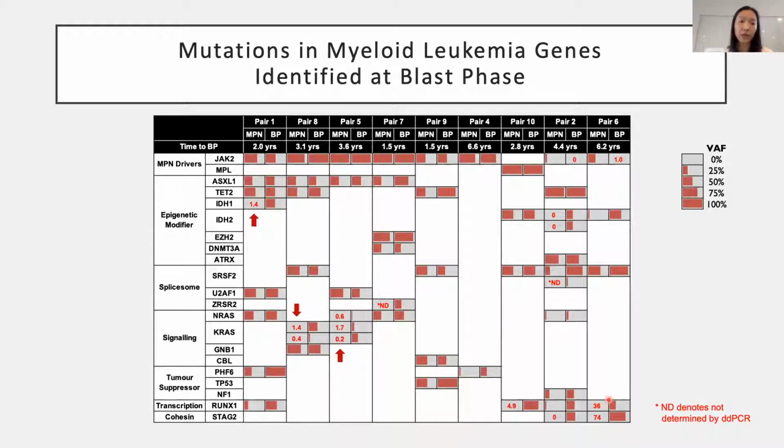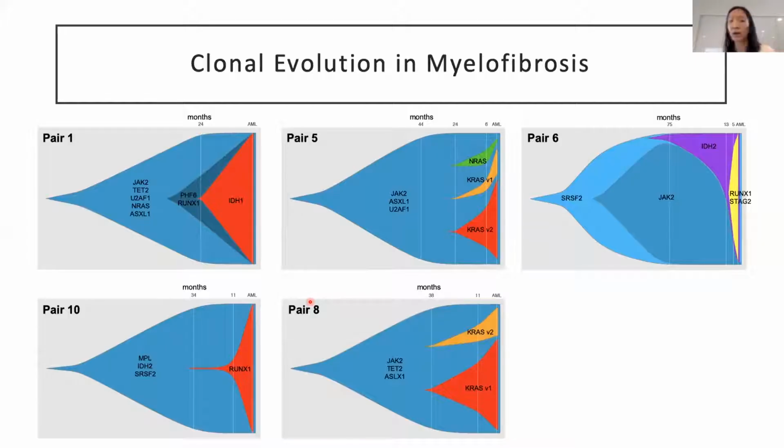So furthermore, as I showed you before, in pair 5, these mutations occurred in an HSC. Similarly, in pair 1 and pair 8, we were able to identify a variant in HSC, and this particular pair 8 sample, it was highly suggestive of an HSC as well. So our results so far have shown that the clonal evolution of myelofibrosis can occur in different manners.